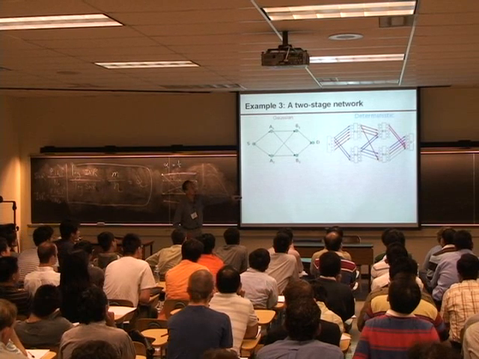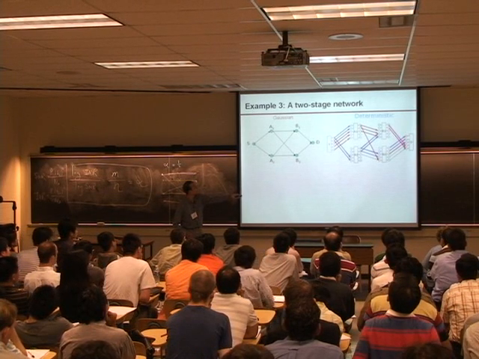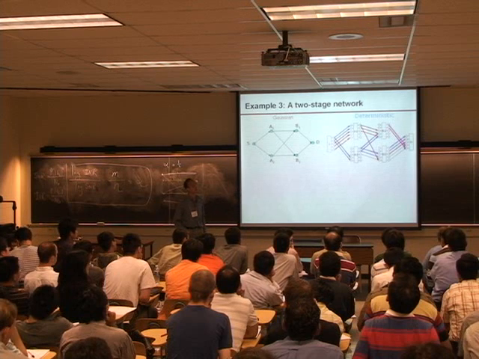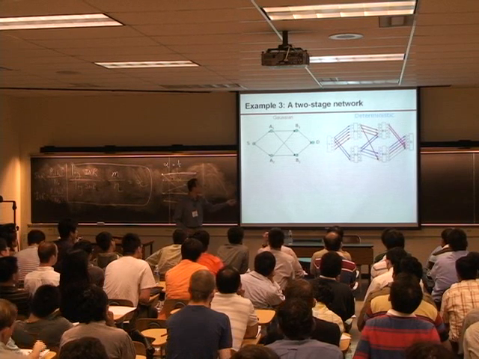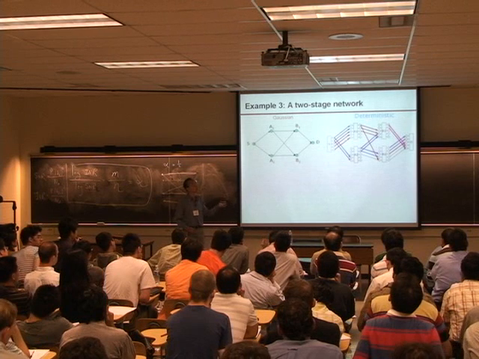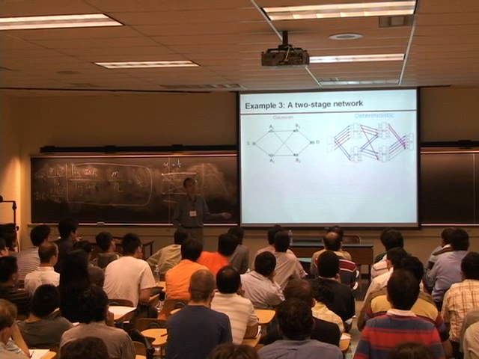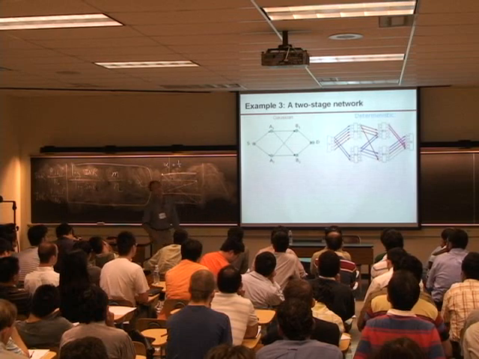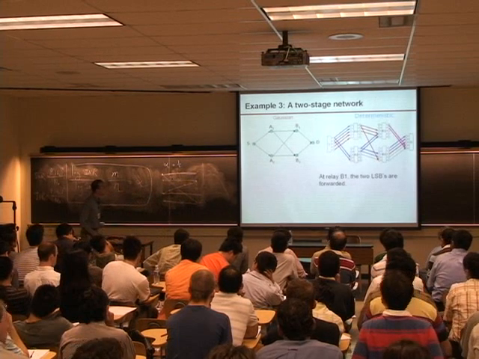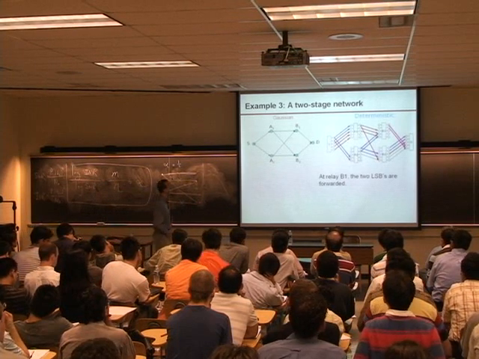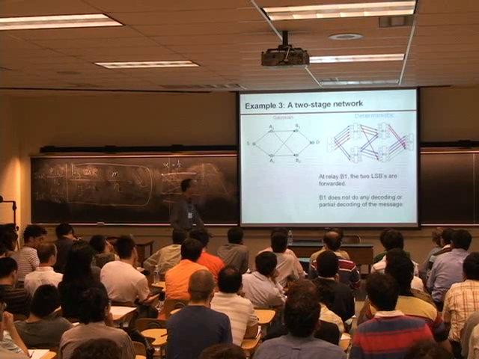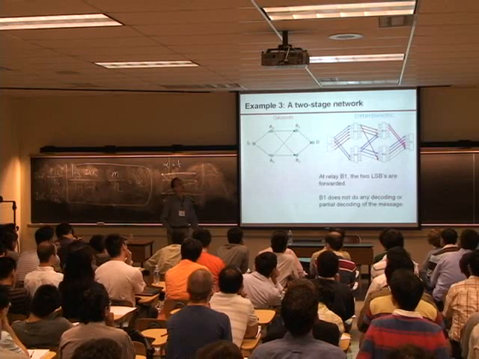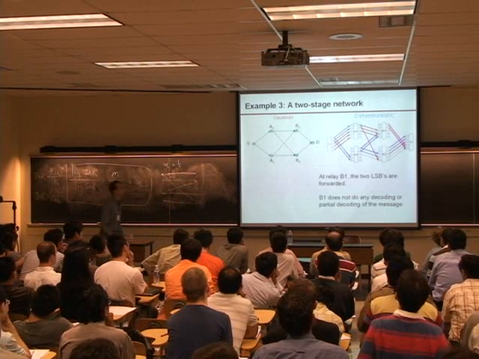There are enough equations from the purple and from the blue to solve for these 2 reds. So this particular strategy cannot be mapped into a partial decode forward strategy. Now at relay B1, recap, the 2 LSBs are forwarded, the purple. So B1 does not do any decoding or partial decoding of the message.